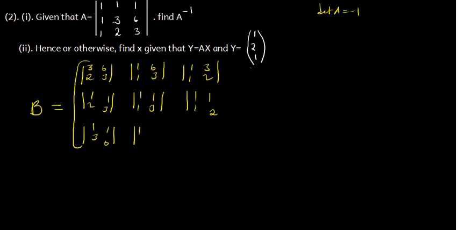So that is 1 1 1 6, and then the very last one here, we remove the row and the column, we remain with 1 1 1 3. So that will be 1 1 1 3. Okay, like that.